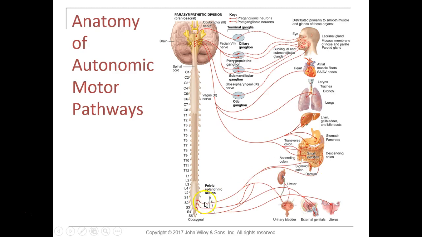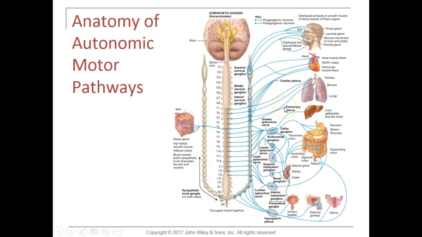So notice on this one, the preganglionic neuron is very long, but that little bitty neuron right there or here or there, those are the postganglionic neurons, which are typically quite short, because the synapse of the parasympathetic preganglionic neuron with the parasympathetic postganglionic neuron are at what's called a terminal ganglion. The preganglionic neuron pretty much terminates at the organ of interest. Notice at the heart, the preganglionic neuron comes in and then is terminating there, and the postganglionic neuron is lying right on or next to the organ of interest, in this case the heart.